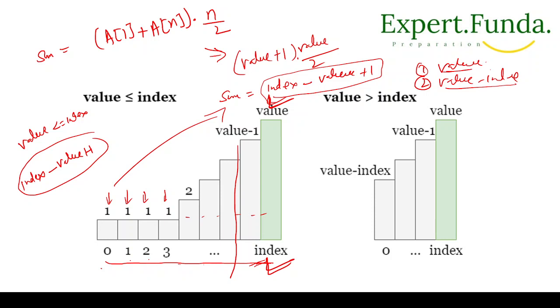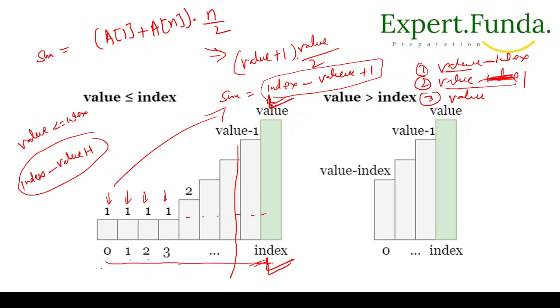So this all depends on your things. Either we take value minus index, then value minus 1, and third we take value. Three things we can take.